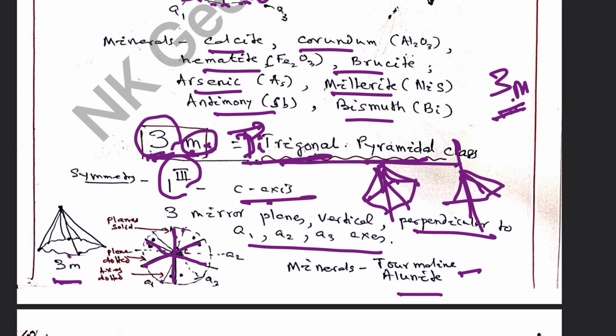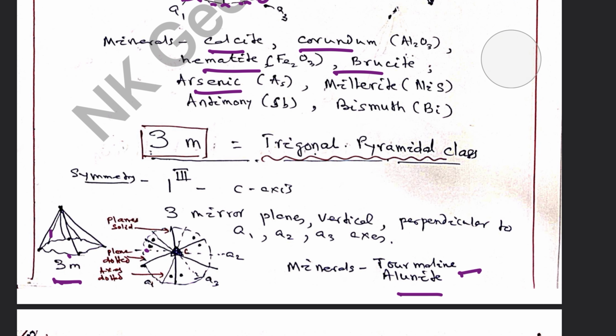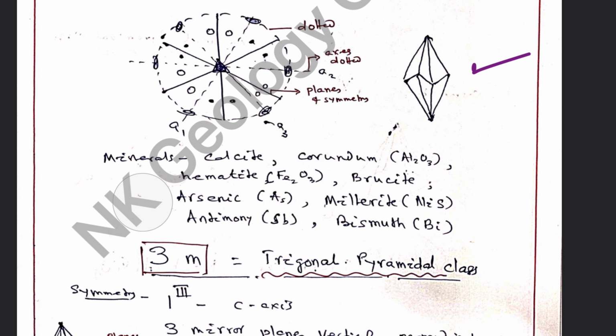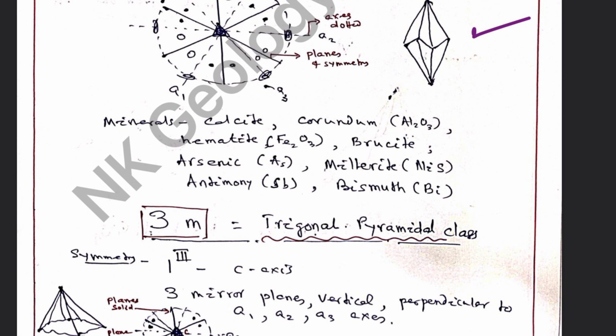So we have 1 axis of threefold, 3 mirror planes. These mirror planes are perpendicular to the axis, and so we have the 6 solid dots, 2 around each axis of each plane of symmetry. So that has been shown here. So this is ditrigonal pyramidal class.